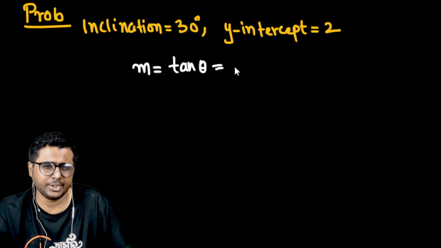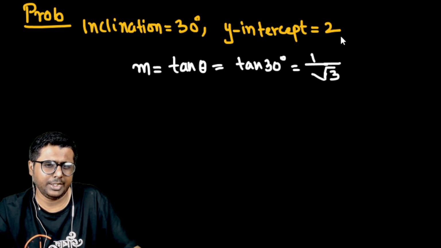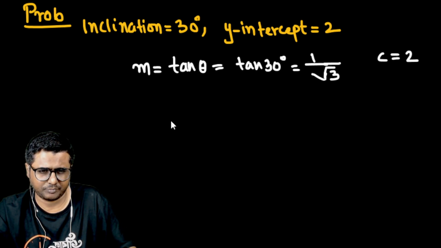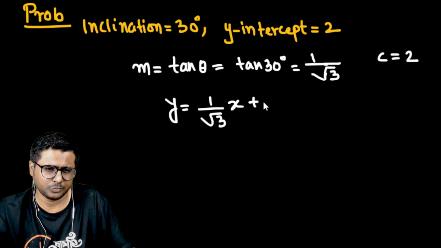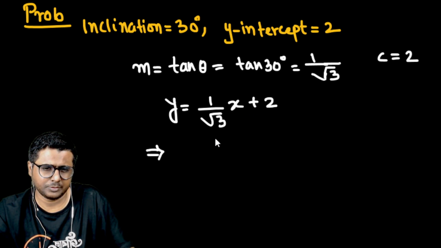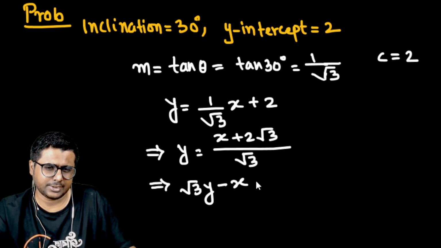So that is tan 30 degrees, and the value of tan 30 degrees is nothing but 1 by root 3. The y intercept is 2, that means c is equal to 2. So simple, y is equal to mx plus c. In place of m I am writing 1 by root 3 x plus 2. So y is equal to x plus 2 root 3 by root 3. So root 3 y minus x minus 2 root 3 is equal to 0.